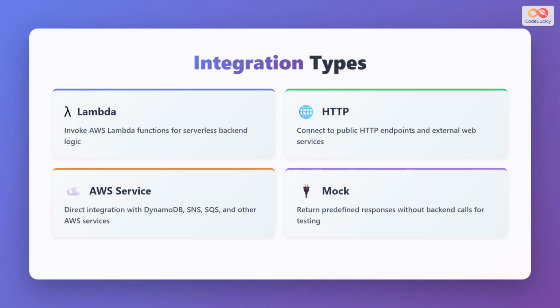AWS Service Integration provides direct connectivity with DynamoDB, SNS, SQS, and other AWS services without requiring Lambda as an intermediary. Mock integration returns predefined responses without making actual backend calls, which is perfect for testing and development scenarios. Each integration type serves specific use cases and can be mixed within the same API.